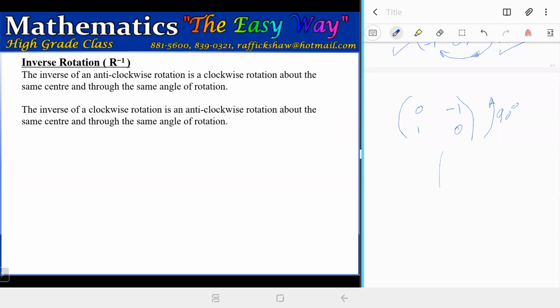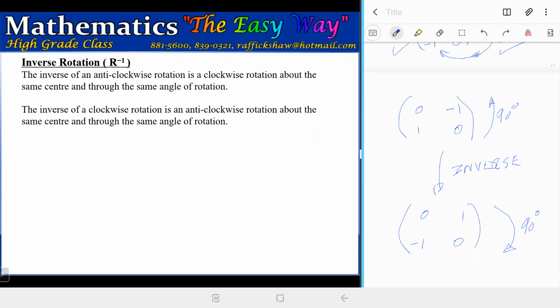You're going to get this matrix, with the minus 1 down here, because it is the inverse transformation. Trust me, the inverse of this matrix is this one, and vice versa.